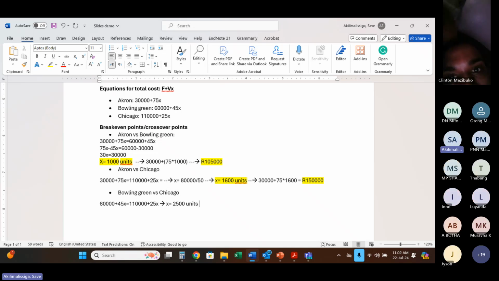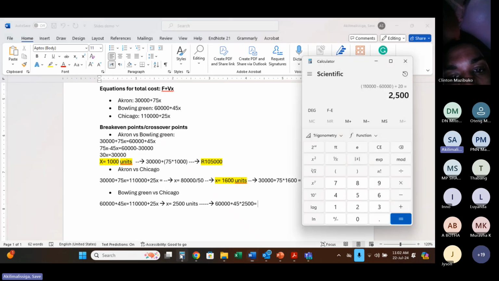Now, what is the cost at this point? So again, you choose the equation that you feel more comfortable in terms of doing the calculations. Let's go with this one. So we replace x with 2,500, times 45 plus 60,000.